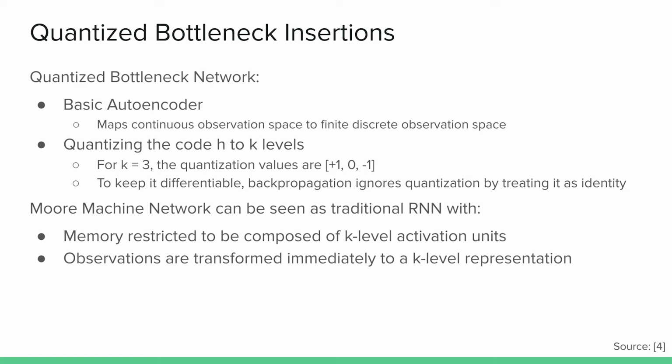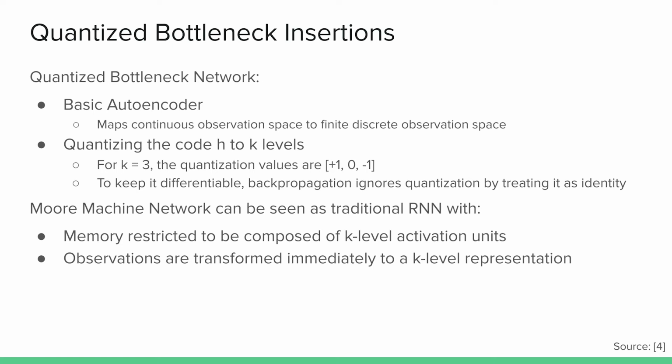Here is a perfect place. So we want to take our state space, our model, and want to map this continuous observation space into a finite and discrete observation space where we can reason and understand what's going on here much easier.